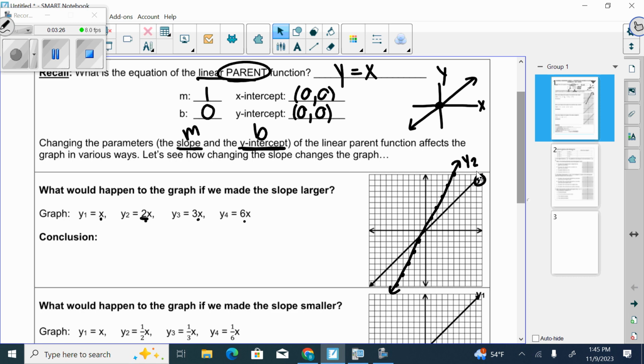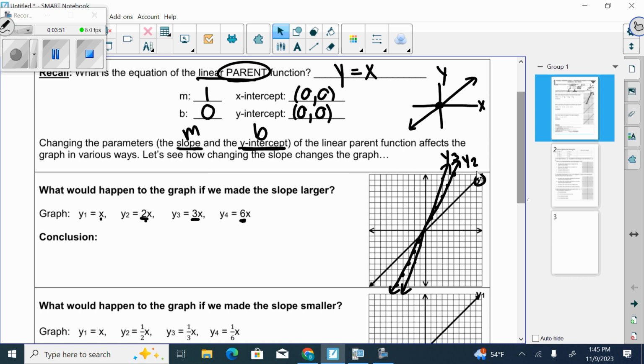And then we have y3 that says our slope is 3x. So now I'm going to go up 3 over 1. And as we can see, this one is even steeper than the one before it.